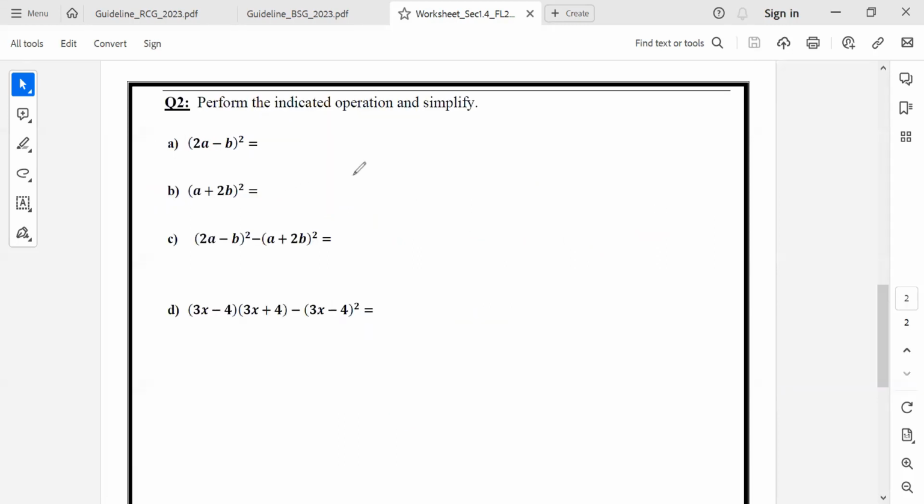Same question, perform the operation and simplify. The first special product: 2a squared, minus 2 times 2a times b, plus b squared. So we obtain 4a squared. We distribute the exponent with respect to multiplication.